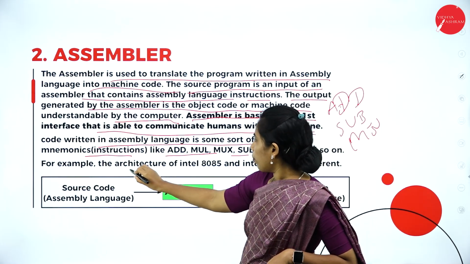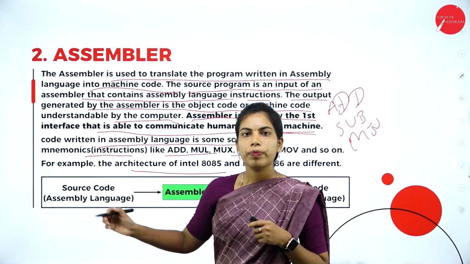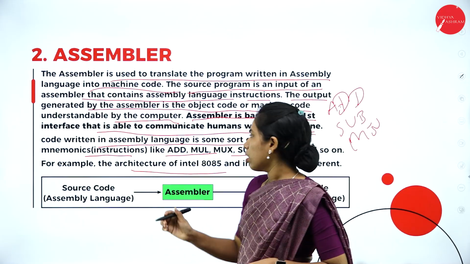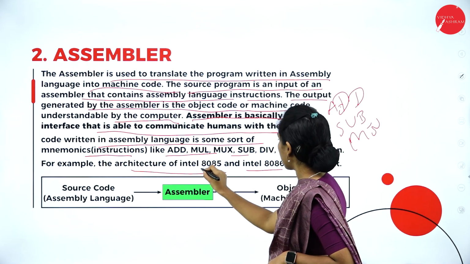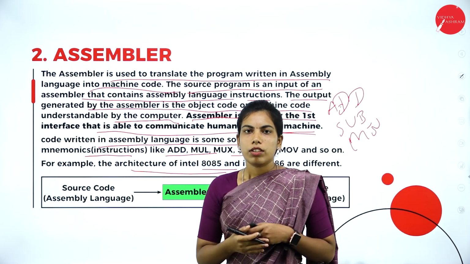For example, we can see the architecture of 8085. 8085 is an IC, and IC is an integrated circuit. Intel 8086 and 8085 are the best examples of an assembly level translator.